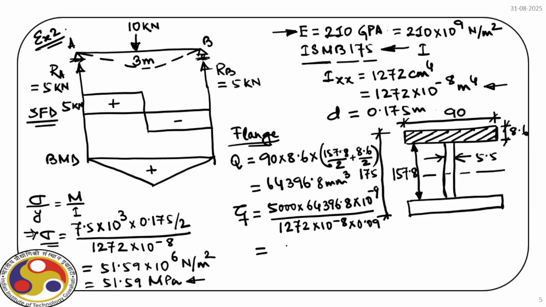Now if you solve this, you get 0.28 into 10 to the power 6 Newton per meter square. So that means 0.28 MPa.